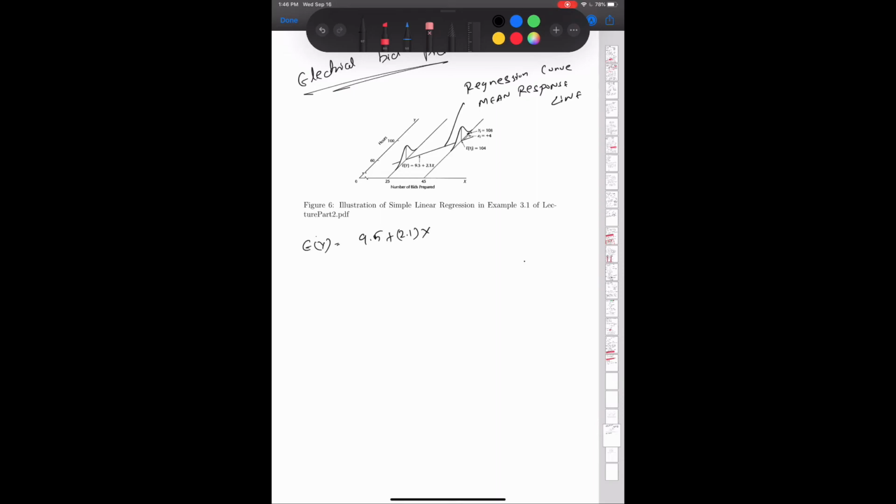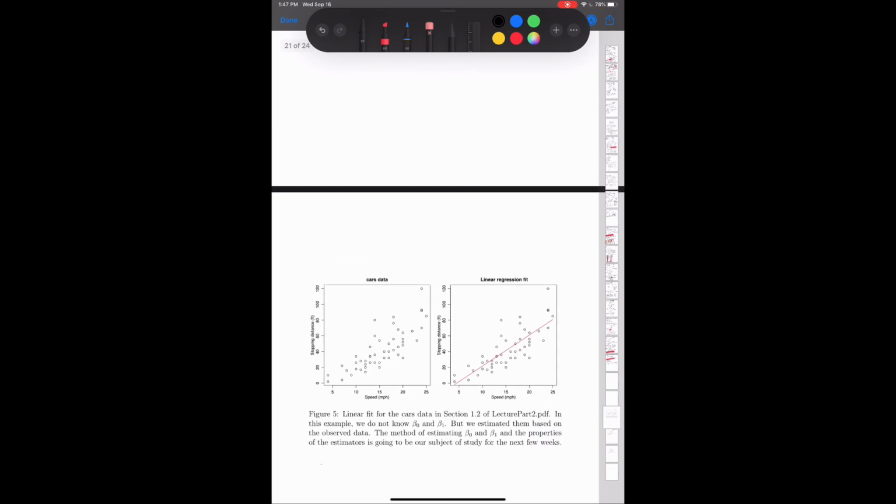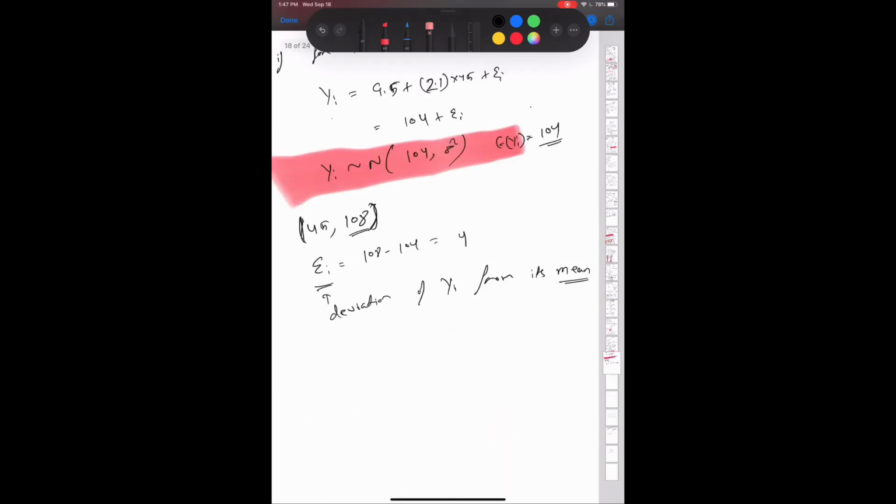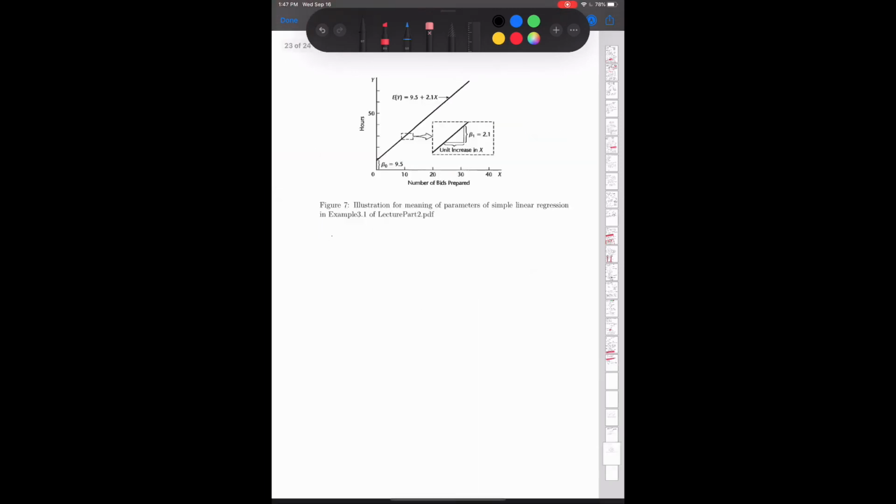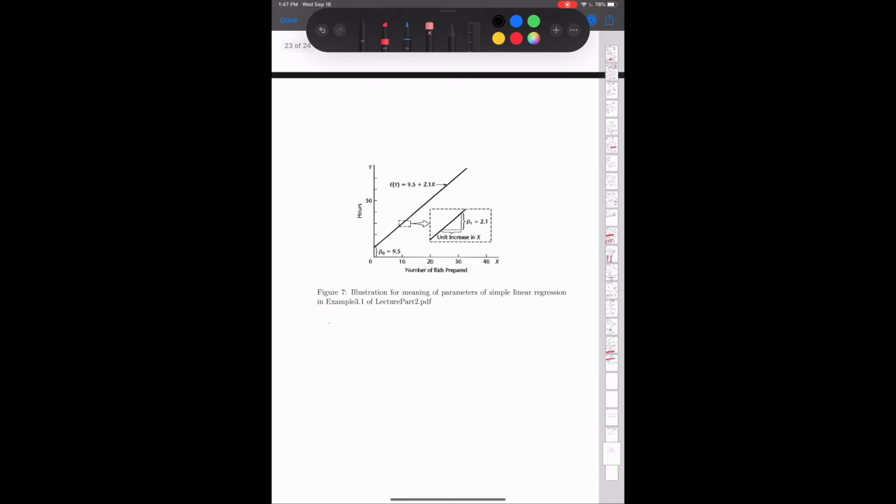So now let's try to go back to our result here, and let's try to understand what 2.1 means. What is the meaning of 2.1? So I'm just plotting the regression curve.